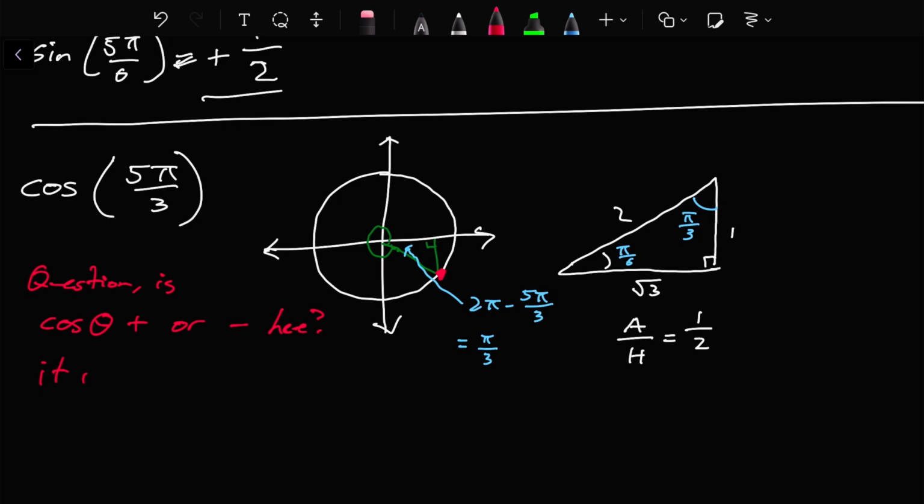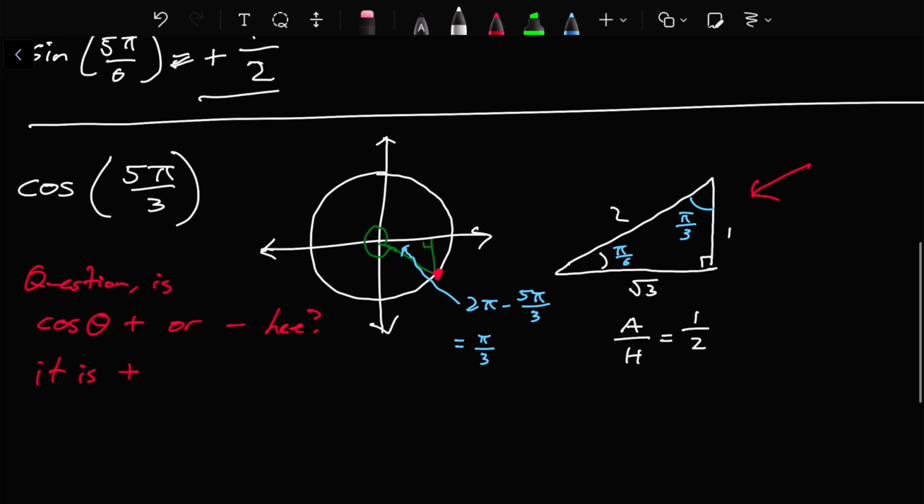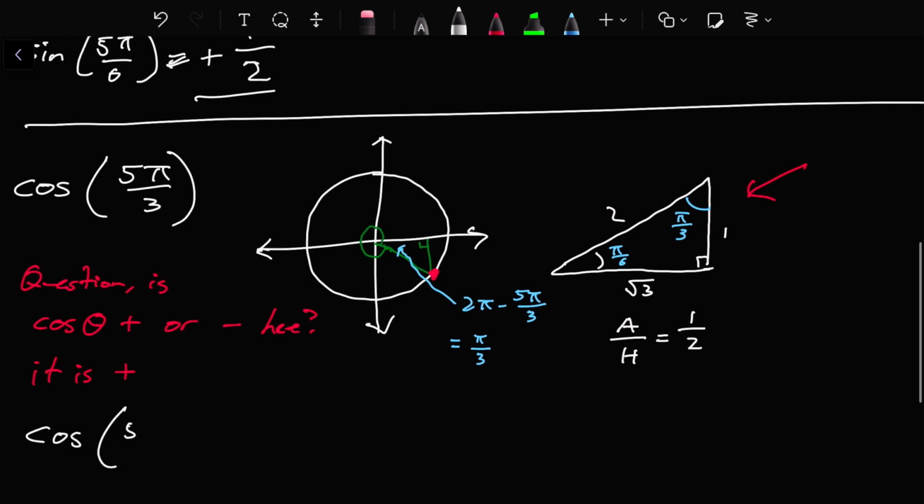It is positive. So we know that now we can just use this exact value triangle and we can use the positive version of cosine because we know cos is going to be positive in this quadrant. So we can say cos of 5 pi on 3 is equal to 1 over 2. Okay.